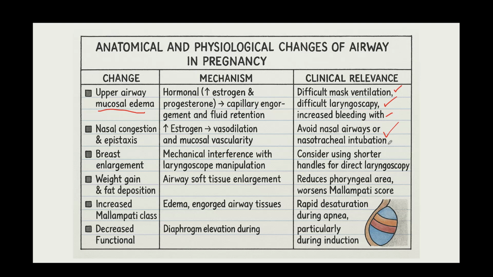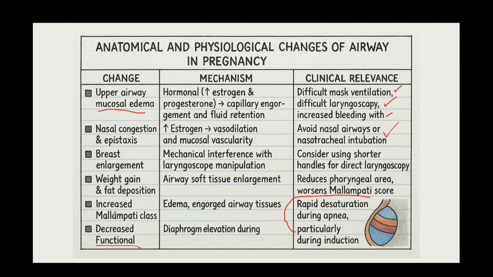And Mallampati, by the way, was a famous anesthesiologist, and he was an obstetric anesthesiologist. Due to the potential difficult airway, he developed the Mallampati scoring system. Let's remember always that the parturient has a rapid desaturation tendency during apnea due to decreased functional residual capacity and increased oxygen demand.